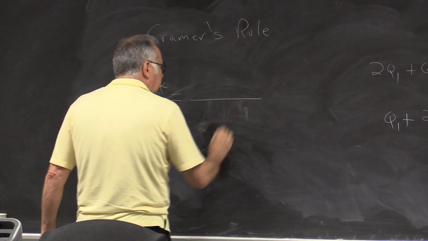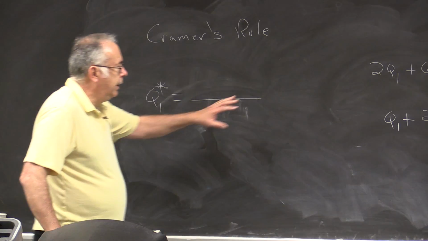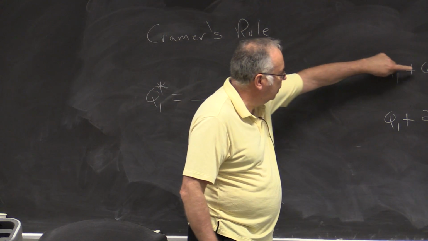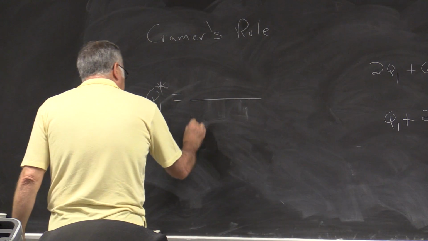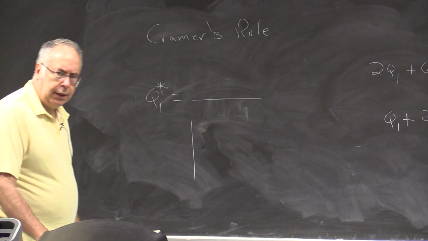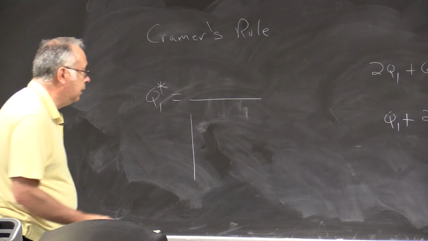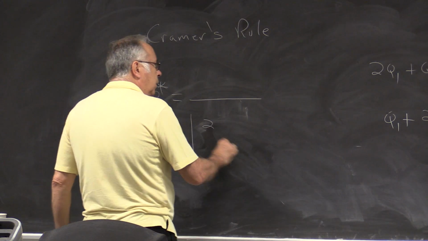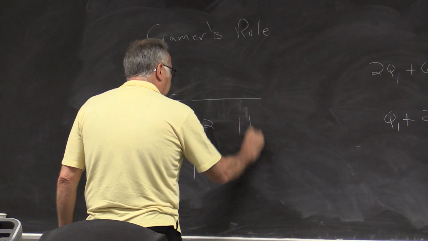In the denominator, you calculate the determinant of the coefficient matrix. The coefficient matrix is just 2, 1, 1, 2. So you take this and use vertical lines to indicate determinant. This is not absolute value. Now it means determinant. So you put a 2 here, a 1, a 1, 2.